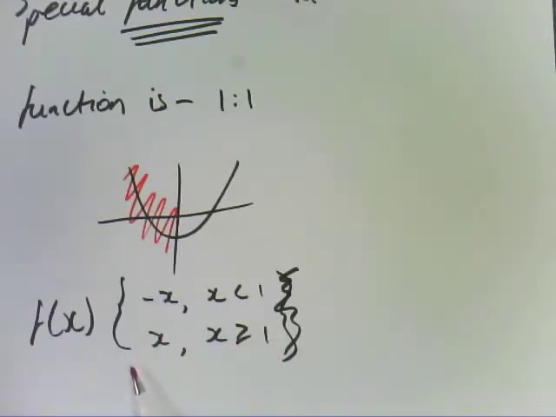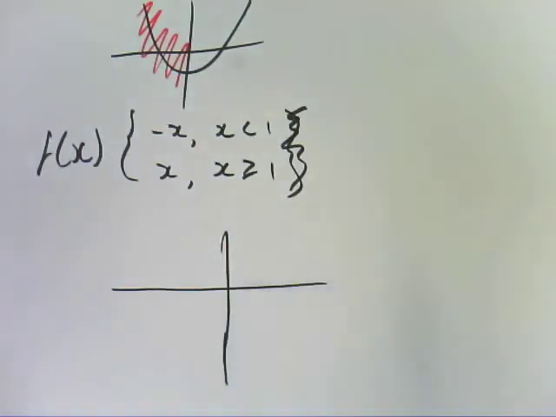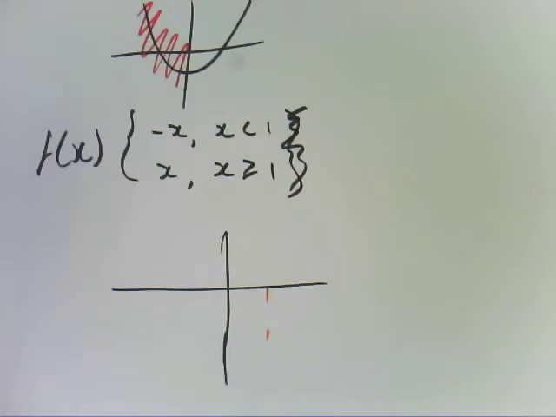So how does that look on a graph? It's not too bad. Let's actually sketch it. Here is 1. This bit we're going to draw in red. For anything lower than 1, I need the equation y equals negative x. It's a straight line graph, so this shouldn't be hard to draw.